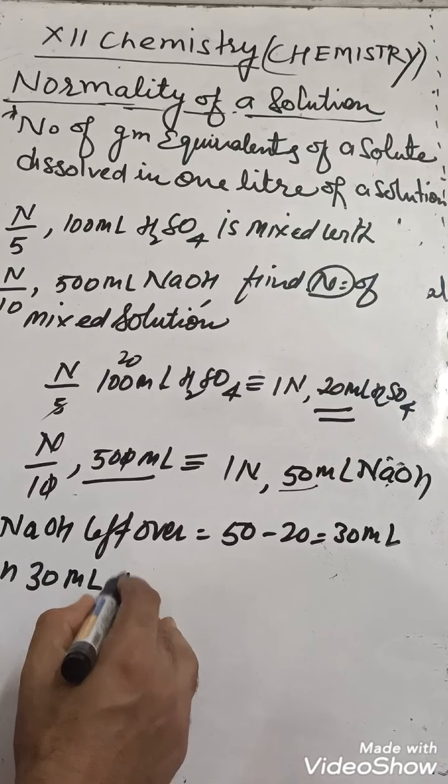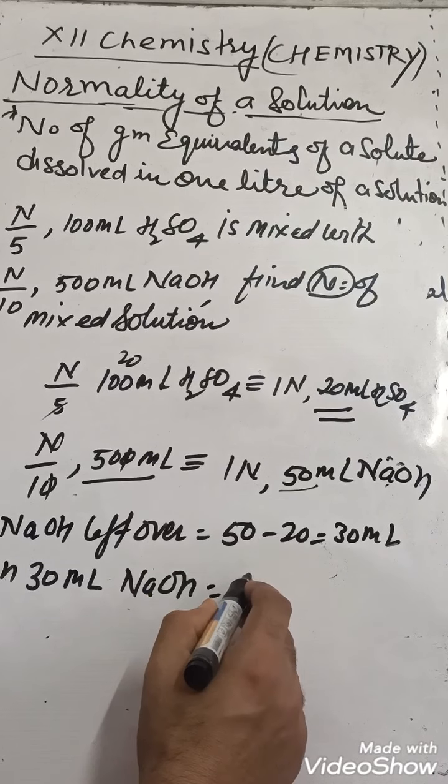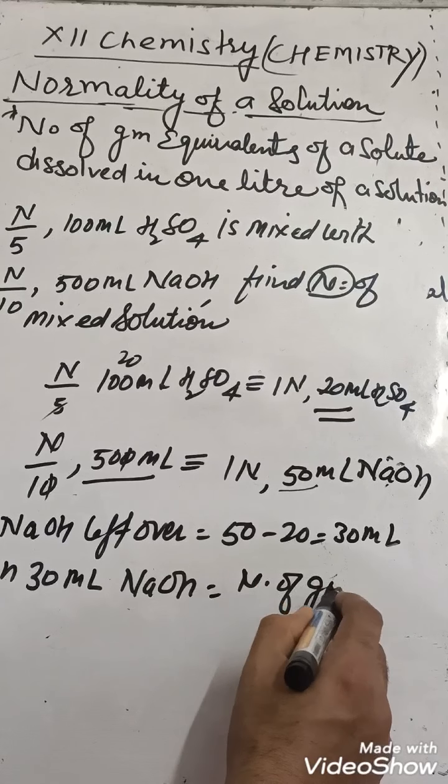So in 30 ml NaOH, how many gram equivalent?